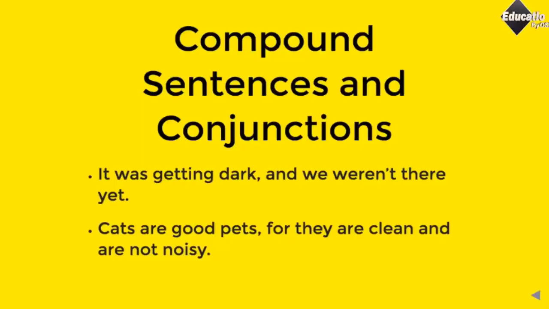Another compound sentence example is cats are good pets, for they are clean and are not noisy. They are clean and not noisy is an independent clause. Cats are good pets is another independent clause. They both are joined using a conjunction for having a comma in front of that.